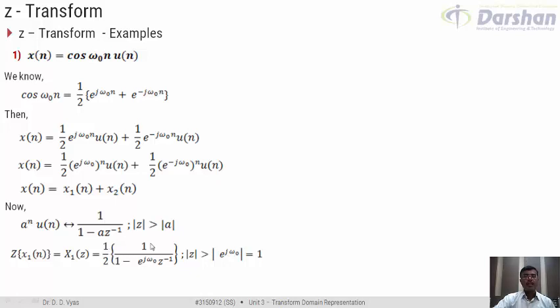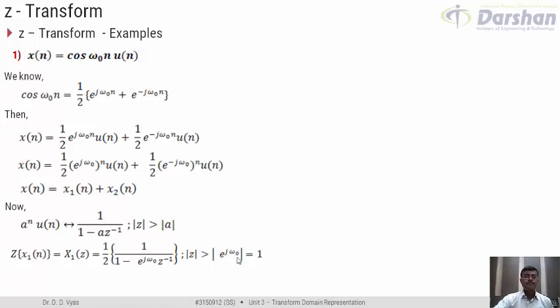And I can write this as 1 upon 1 minus a z inverse, that is 1 upon 1 minus e raised to power j omega 0 z inverse. The ROC would be mod z greater than mod a, that is mod z greater than mod e raised to power j omega 0. And we know that the magnitude of e raised to power j omega 0 is 1, because e raised to power j omega 0 is nothing but cos omega 0 plus j sin omega 0. So its magnitude is under root of cos square omega 0 plus sin square omega 0, which is equal to 1.